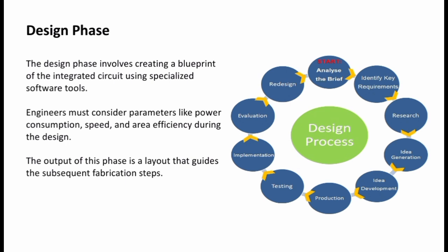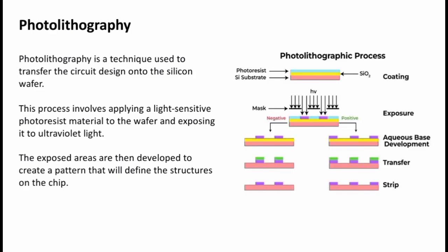These are the phases involved in the design process. The engineer must consider parameters like power consumption, speed and area efficiency during the design. The output of this phase is a layout that guides the subsequent fabrication steps.